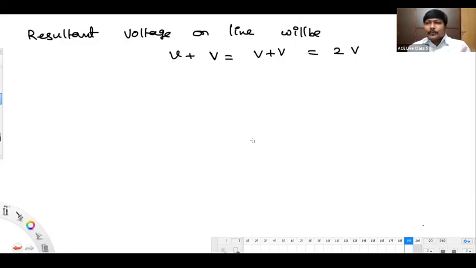The current will exist up to capital T time. From capital T onwards, current starts becoming 0 continuously on the line. Voltage will be rising up to 2V.